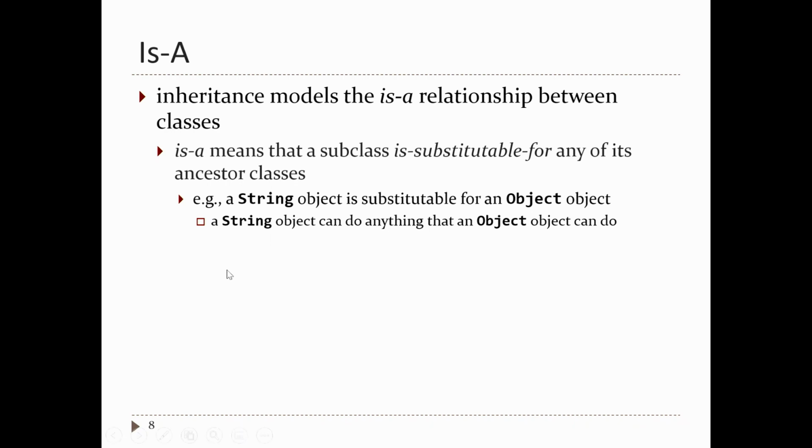It means that a String object can do anything that a BigO object can do. If you have a method that takes in a BigO object as an argument, then you can pass a String object to that method. That's what substitutability means: anywhere you need a parent class instance, you can pass in an instance of the child class.